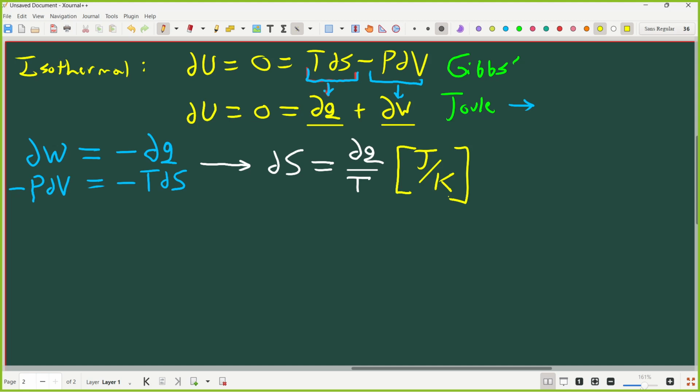Then when you multiply dS, the change in entropy, by temperature, you get the amount of heat. So entropy is like what we call a specific heat. It's how much heat is being transferred per unit thermal energy, which is what temperature measures.